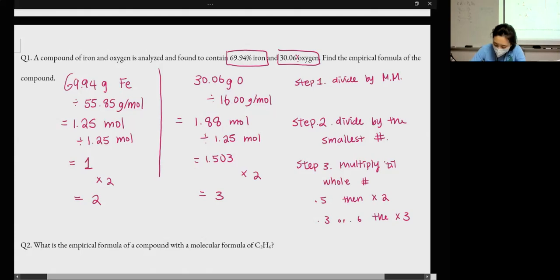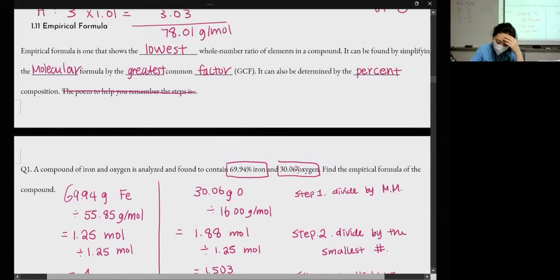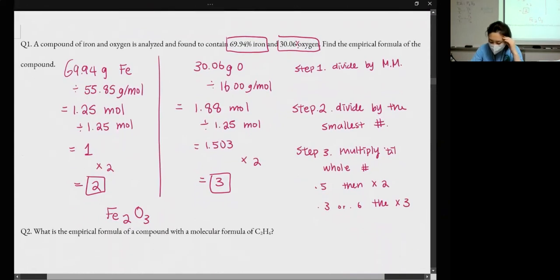And then these two will be your subscripts for each one. So the Fe will have 2 as a subscript and O will have 3 as a subscript. So that is how you do the empirical formula from percent composition.